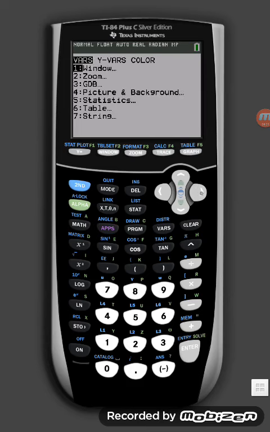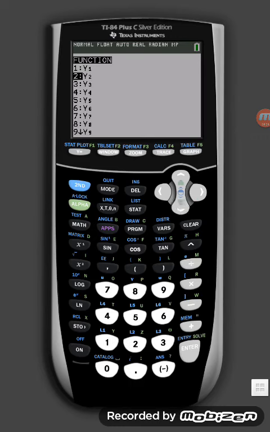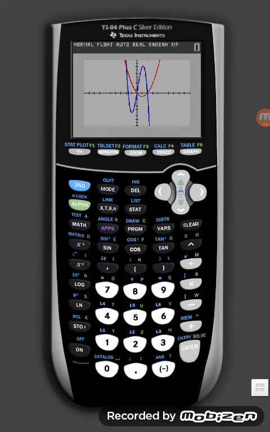Go to your Y-Vars, go to Function, y2, minus function y1, with respect to x. That gives us 12. So the area bounded by these two graphs from -2 to 0 is 12.